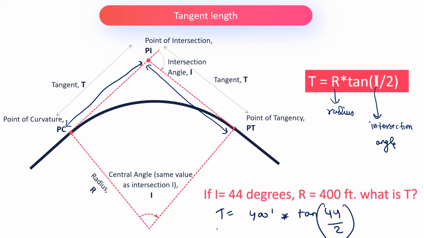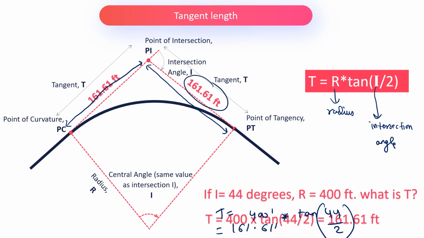I don't want you guys to repeat the same mistake of setting your calculator in radians. So 400 times tan 44 divided by 2 gives you 161.61 foot. This is the value of the tangent length, okay? So this is 161.61 and this value is 161.61.